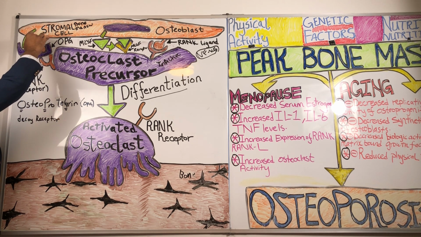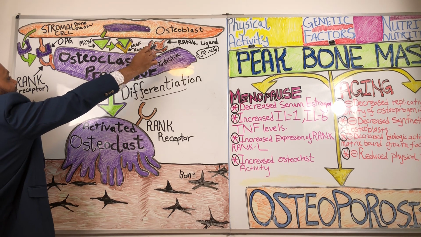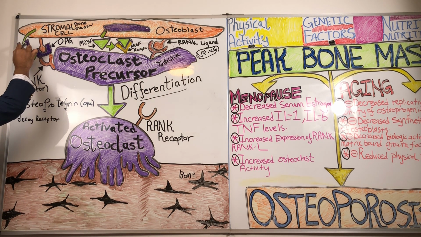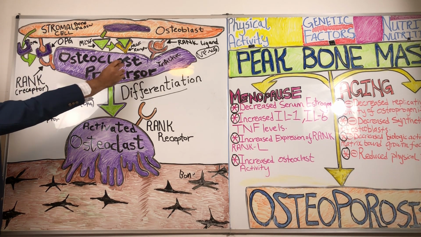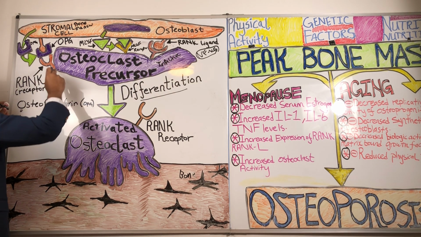It blocks the binding of the RANK ligand to the RANK receptor. You see, it's right here. So this is the OPG. The OPG right here is secreted by the osteoblast, and it blocks the binding of the RANK ligand to the RANK receptor.